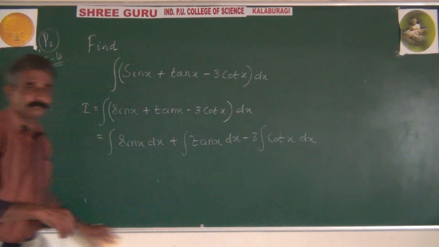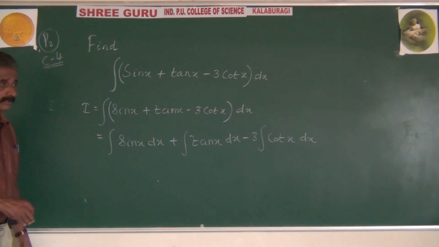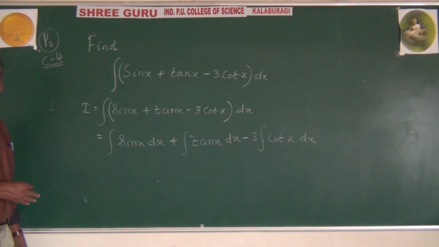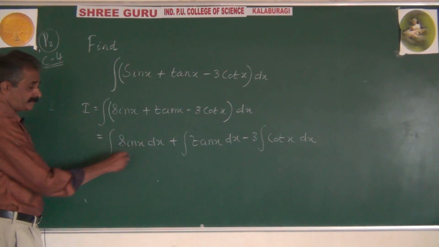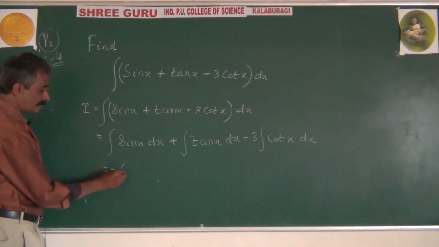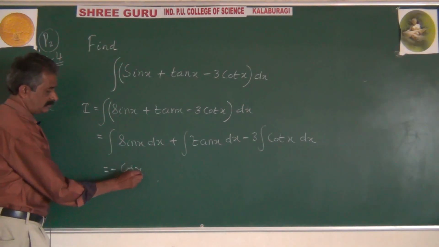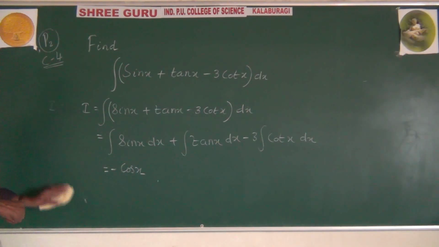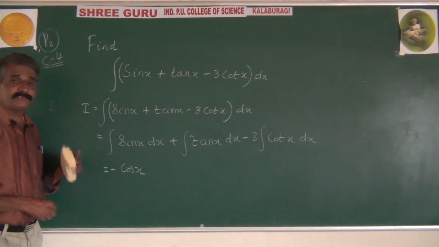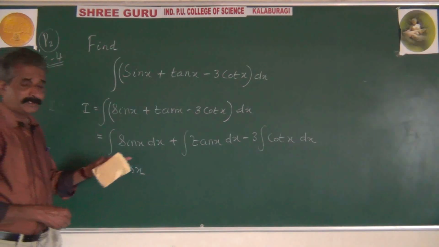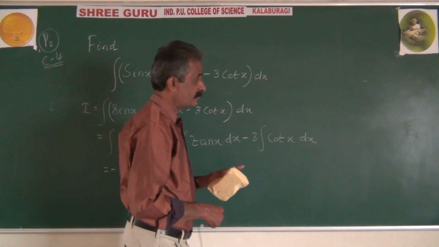Now refer the list of formulas. That's why I told you, keep the formula page in front of you and refer to it. By the list of formulas, integration of sin x is minus of cos x. Next, importantly, differentiation of tan x is secant square x, but integration of tan x cannot be secant square x.